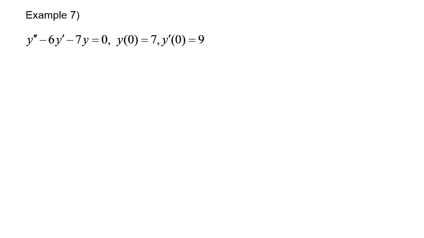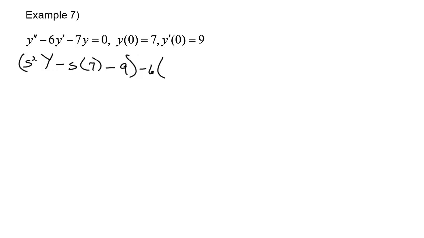In the case of a y double prime, the rule for finding the Laplace of y double prime is to take s squared times the Laplace of little y, which I'm going to call cap Y, minus s times y of 0, which was given to be 7, minus y prime of 0, which was given to be 9. Okay, so all of that is the Laplace of y double prime. And then we have the middle term, minus 6 times, and now I need the Laplace of y prime.